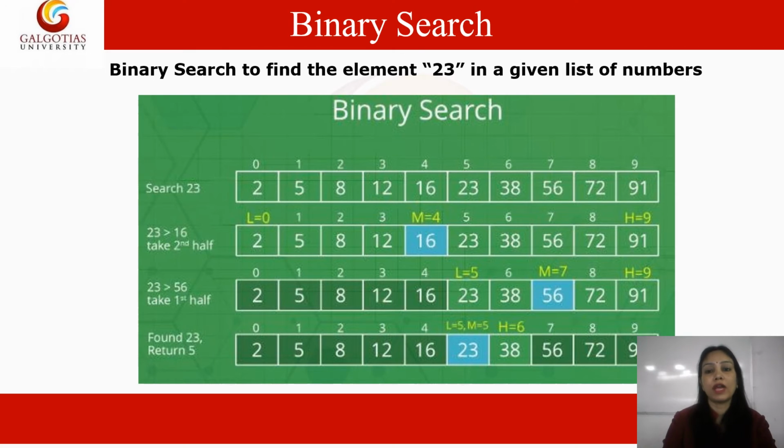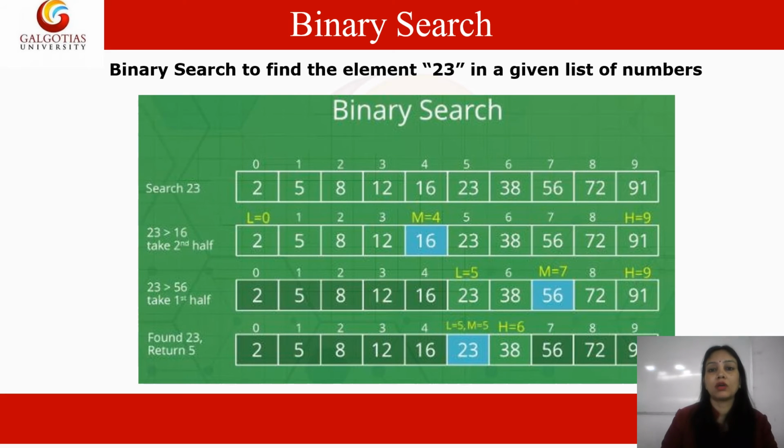So now we have to take the decision: is 23 greater than 16 or less than 16? First we will check whether 23 is greater. If 23 is greater, obviously we have to search the second part, and if 23 is less than 16, we have to search the first part, right?